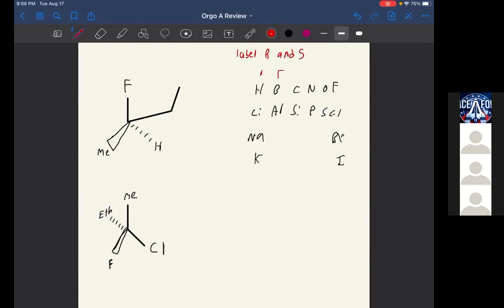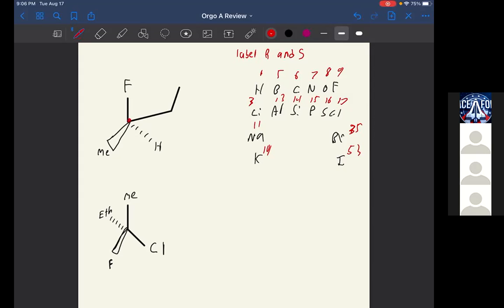So 1, 5, 6, 7, 8, 9, 3, 13, 14, 15, 16, 17, 11, 19, 35, 53. So like I said, lowest priority gets 4, highest priority gets 1 when labeling the molecules.